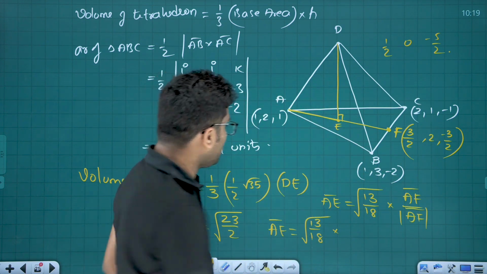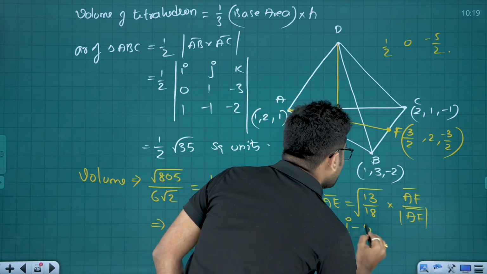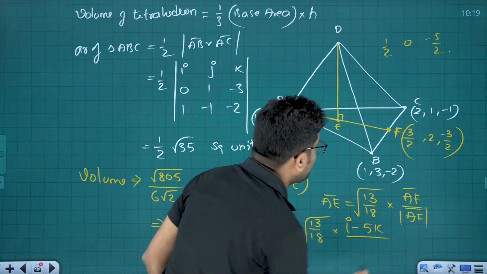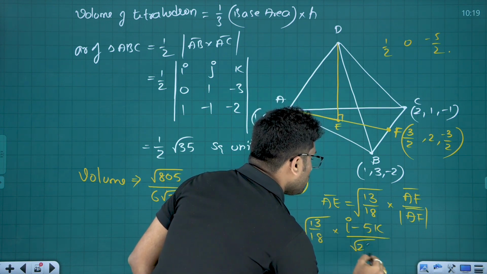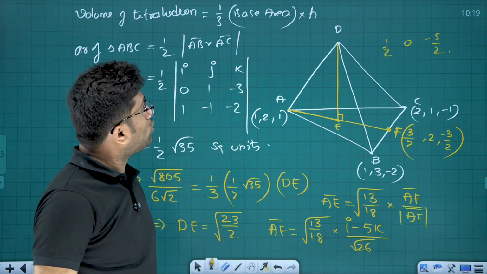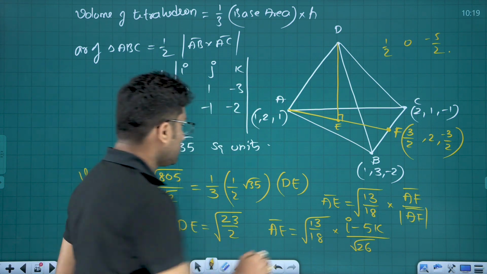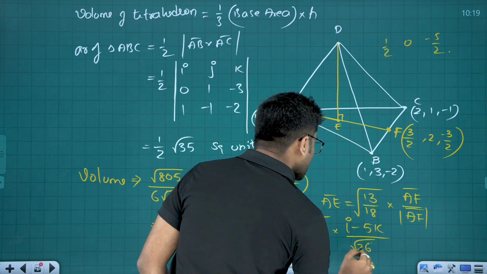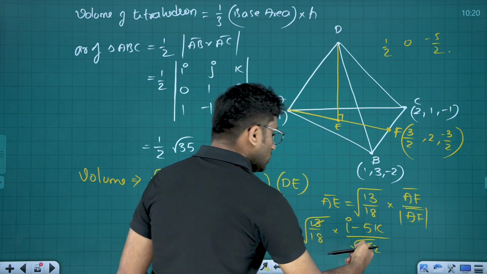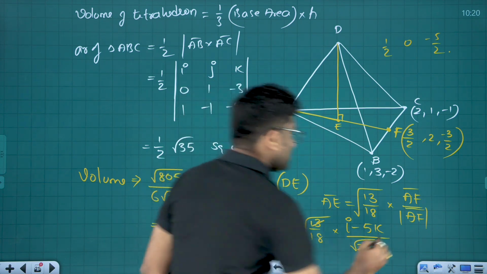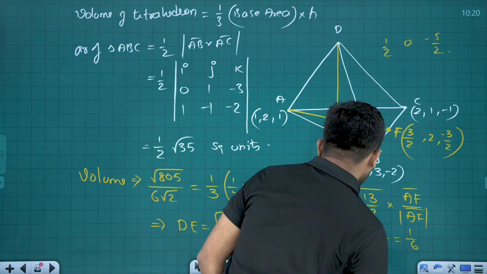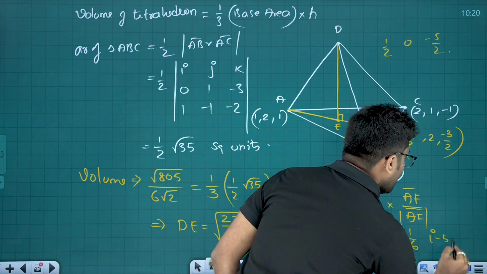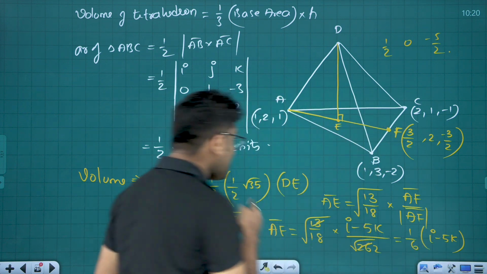If we multiply by 2, that is i minus 5k, divided by its modulus, root over 26 (1 plus 25). So root 13 by 18 into 1 by root 26: 13 ones are 13, 13 twos are 26, 18 twos are 36, root 36 is 6, that is 1 by 6 times (i minus 5k), friends. So this is our AE bar.